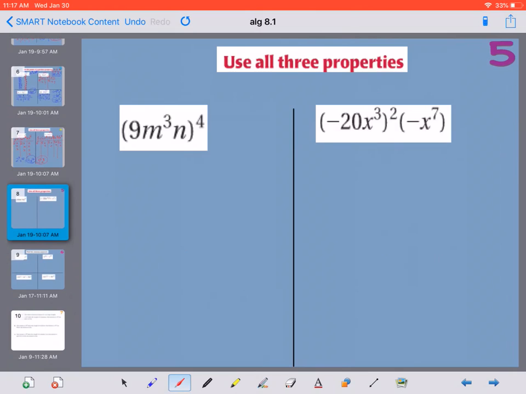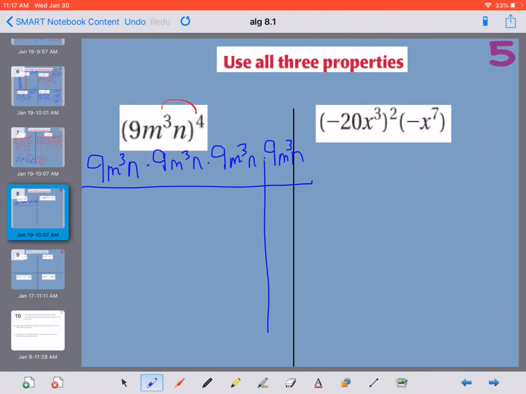Here we have 4 9m cubed times n. So 9m cubed n times 9m cubed n times 9m cubed n times 9m cubed n.